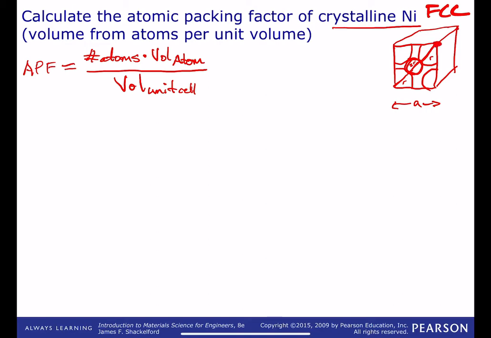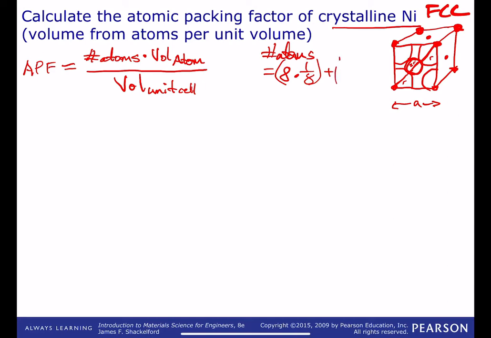So we know that the total number of atoms is going to be equal to 8 corners times an eighth of an atom at each corner, plus accounting for those at the faces of each of the six faces of the cube.